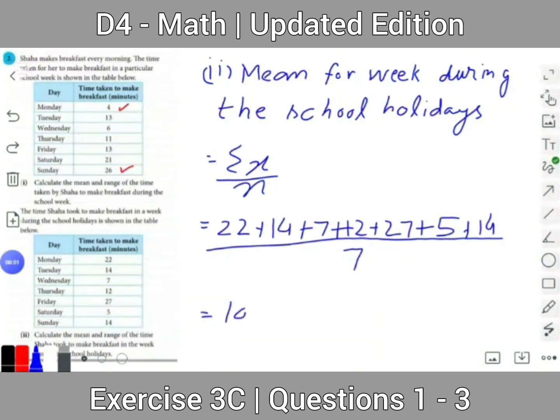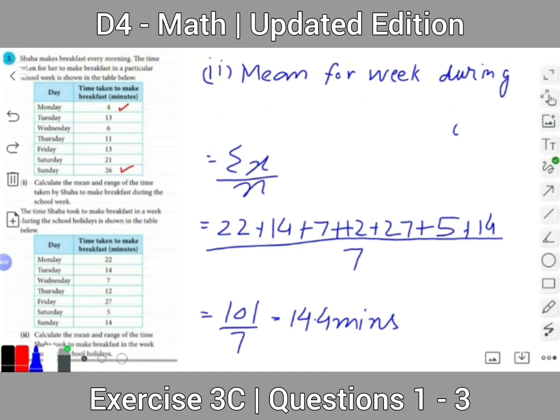We will get 101 divided by 7, and it will be approximately equal to 14.4 minutes. So the mean for the week during the school holidays is equal to 14.4 minutes.